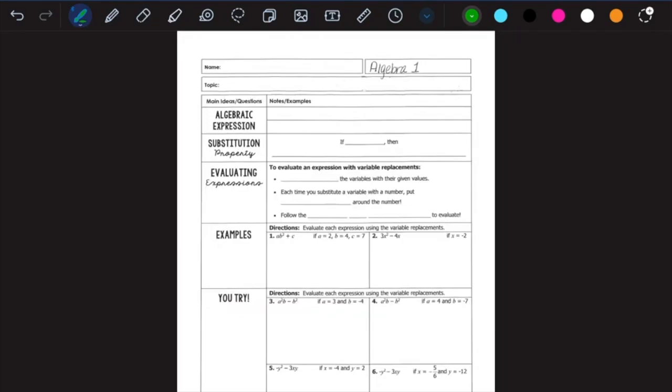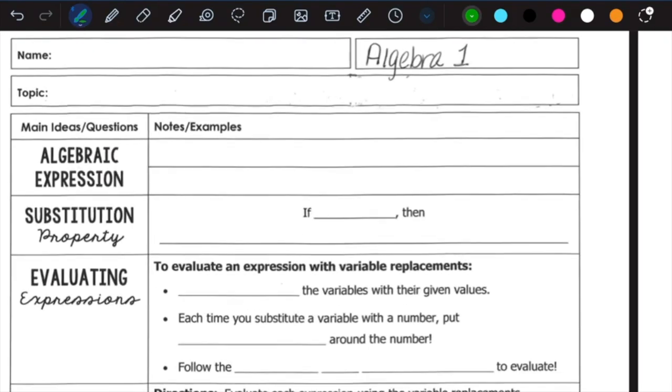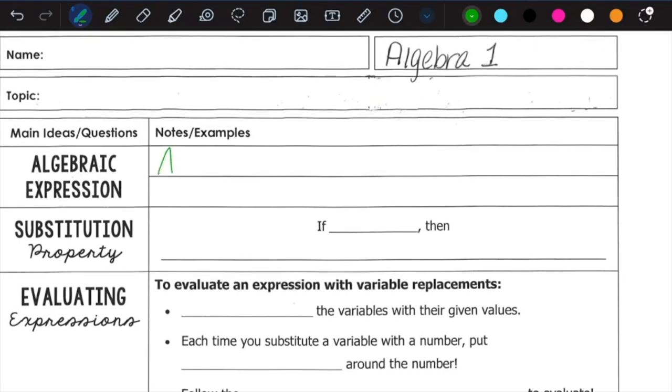Moving on, we're talking about algebraic expressions now. An algebraic expression would be a mathematical phrase that is made up of numbers and variables.